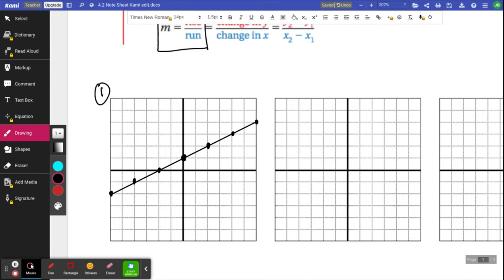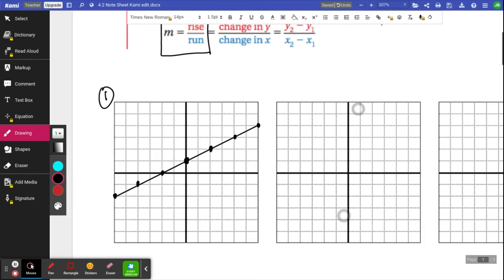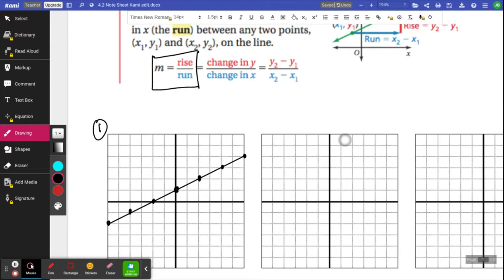Okay, so to measure the steepness of this line, I'm going to measure the ratio of the rise over the run. So let's start by using our variable m, which we always use for slope. I don't know why we use m, but we always do.